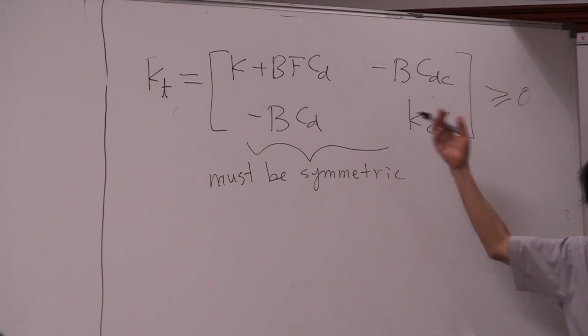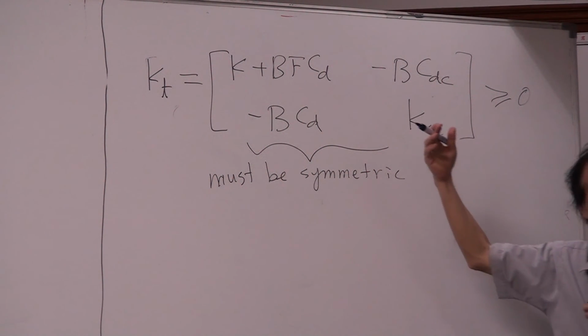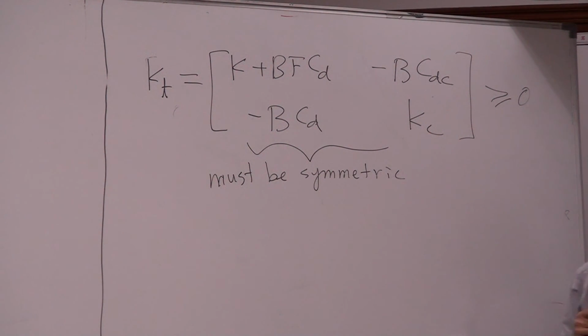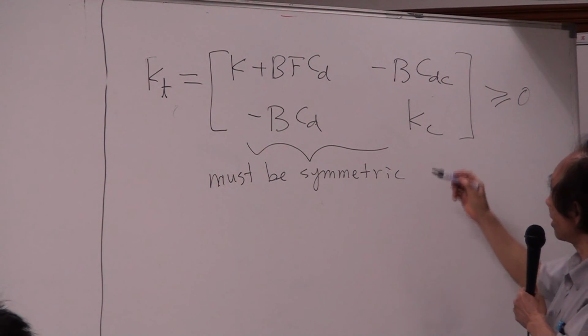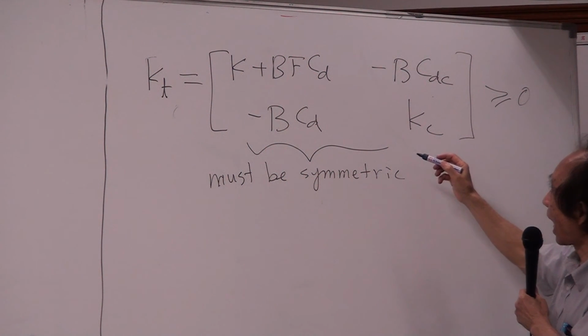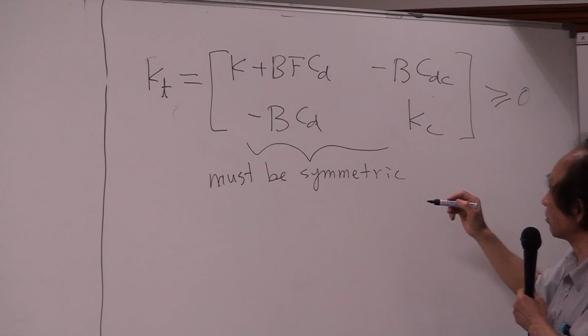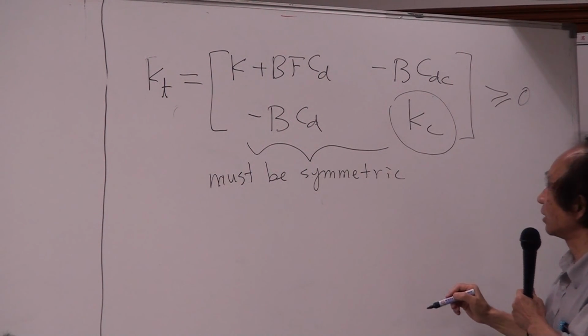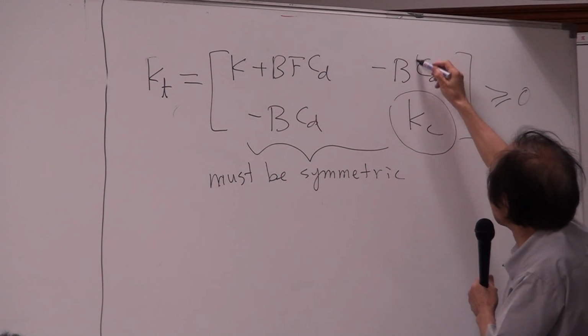The matrix must be symmetric before we can talk about positive definite or not. But now we know that we have a degree of freedom only what? This we can choose. This we can choose.